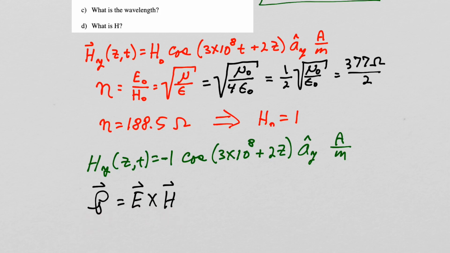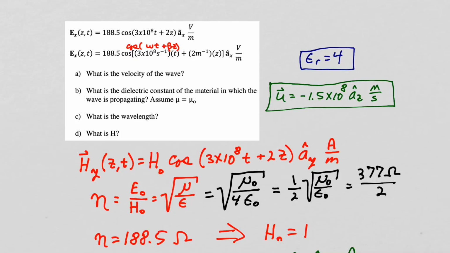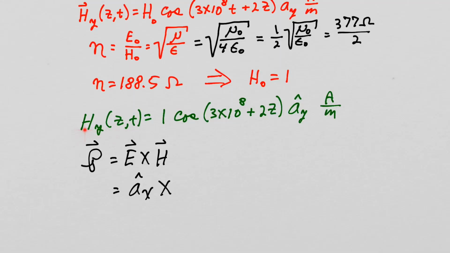Our electric field intensity is in the plus x direction, when our magnetic field intensity from this equation is in the plus y direction. So A sub x crossed with A sub y is A sub z. So this would indicate power flowing in the plus z direction.